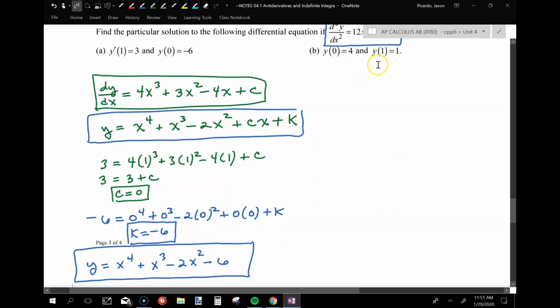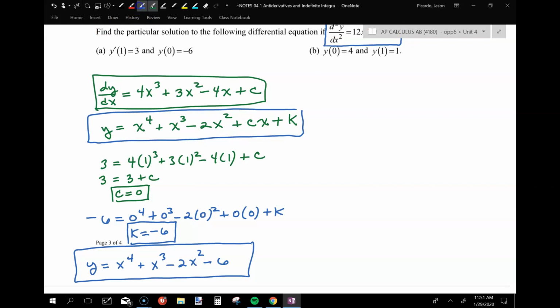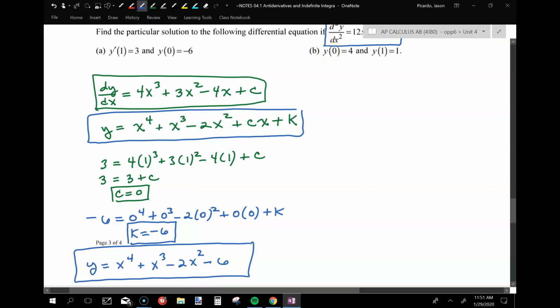Over here, right? I already got the tools that I need for the job because it's all referring to the same problem, right? So it's saying, okay, well, what if y of 0 equaled 4 and y of 1 equaled 1? Okay, well, let's do that. So within the original function, right? By the way, don't be confused, guys. This problem right here has nothing to do with this. Okay, they're two separate problems.